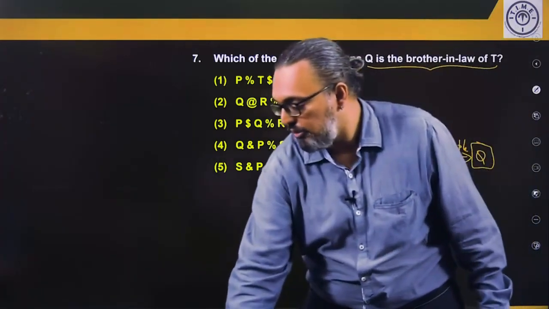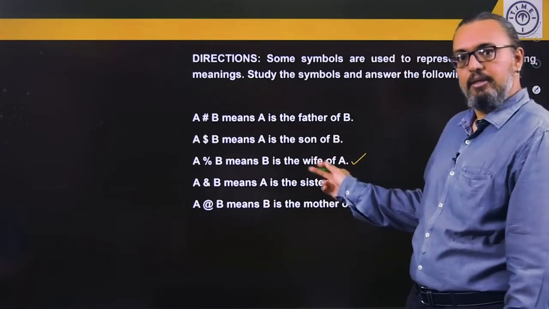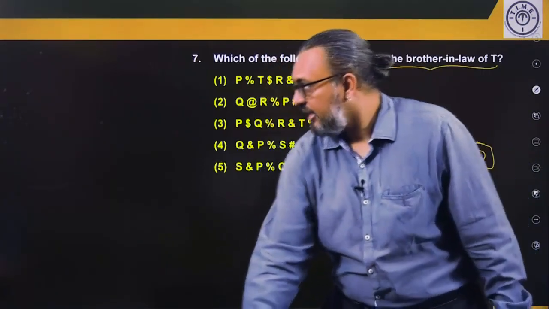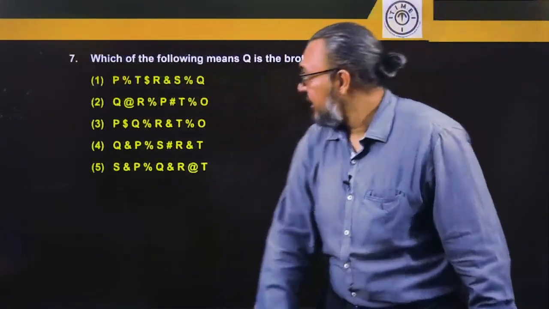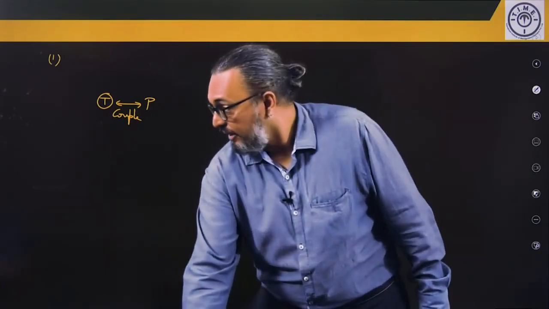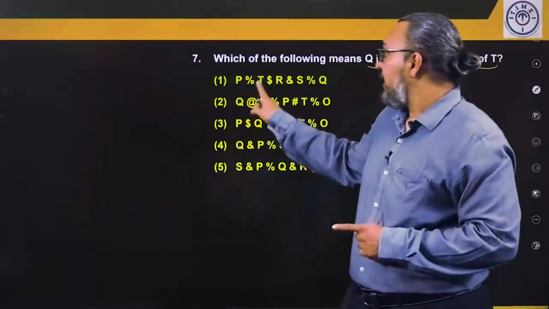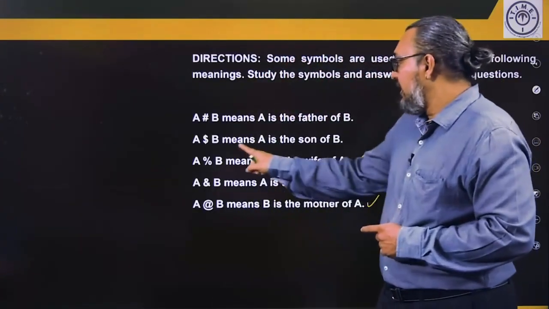$R. So, what does dollar mean? So, here dollar means A is the son of B. It is in the same way. That means here I have to take T is the son of R. Okay. So, here we have, now check here. Earlier what is it that we had? P percentage T. So, percentage means it was the reverse.